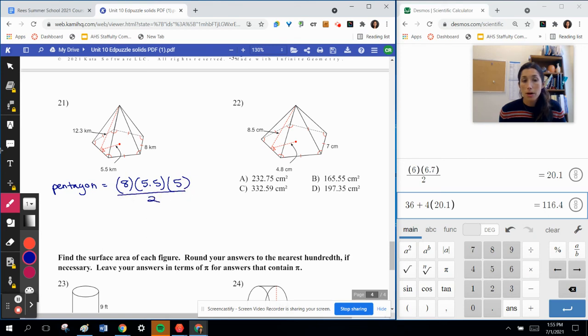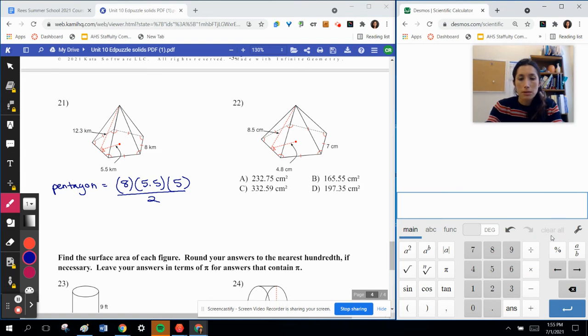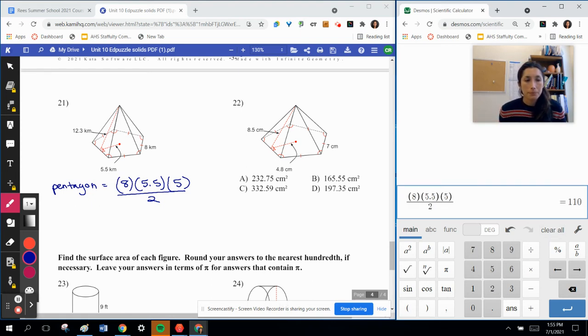That's the area for the bottom piece. So let's figure out what the area is for that bottom piece. We've got 8, and then 5.5, and 5 divided by 2. So it's 110 is the pentagon. And we'll just put that here, equals 110.